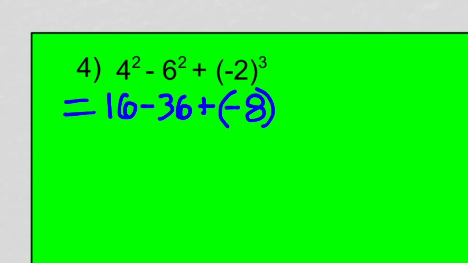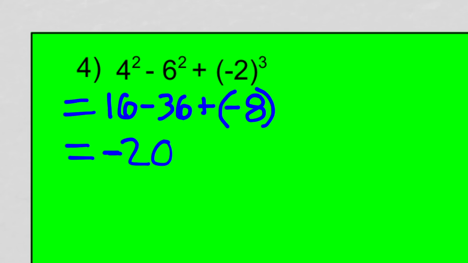Now I have positive 16, negative 36, plus negative 8. So I do add and subtract whatever comes first going left to right. So I'll do the subtract first. It's positive 16, negative 36. The signs are different, so I subtract them. 36 minus 16 is 20. And since I have more negatives, because it's negative 36, it will be a negative 20.